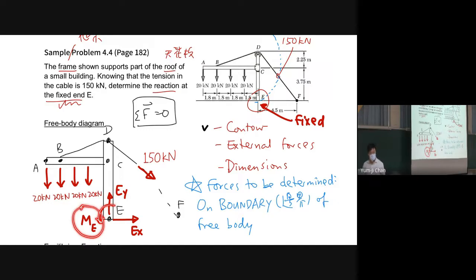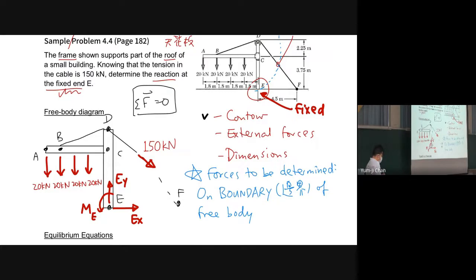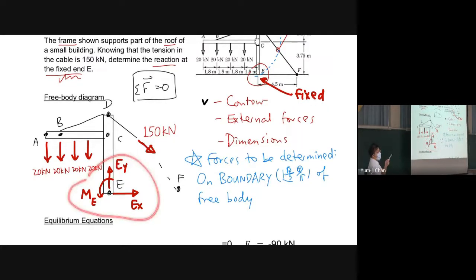It's okay. The biggest problem for your seniors in working out free-body diagrams is that they always miss one or two forces, and if you miss forces in this step, then there's no hope you can do the rest of the calculations correctly. Okay.